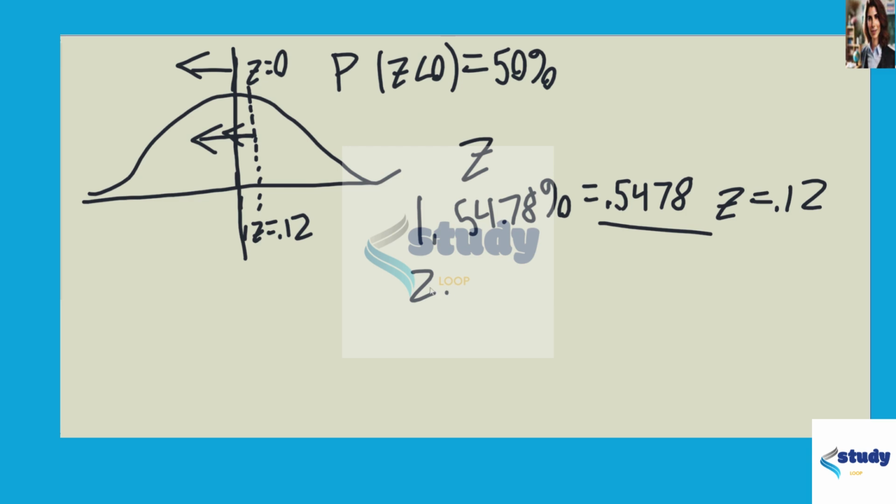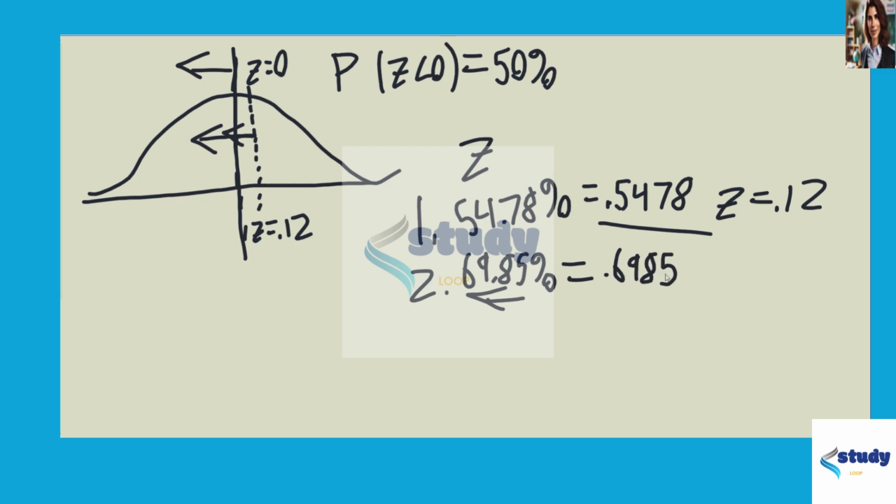The second part of my question says I want to find the z-value where 69.85% of the area under this curve is to the left of the z-value. 69.85% can be written as 0.6985.